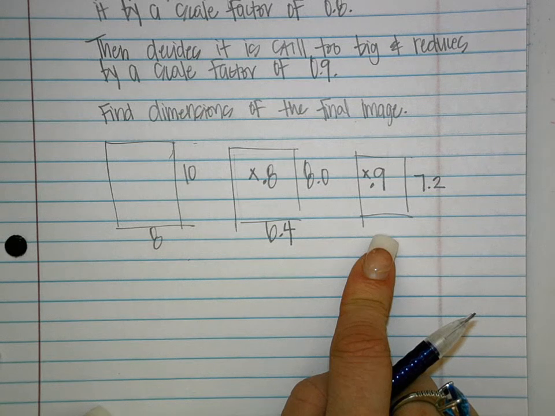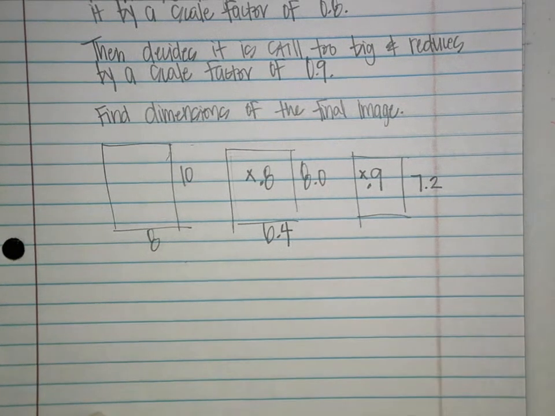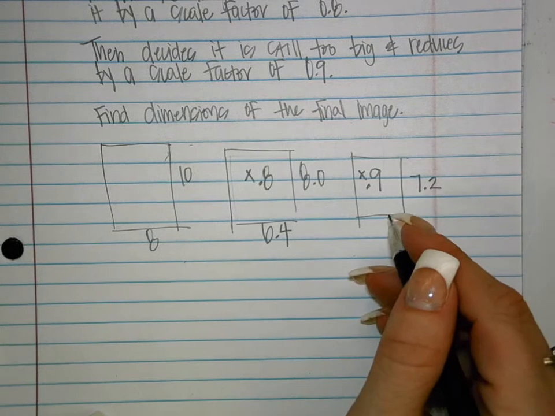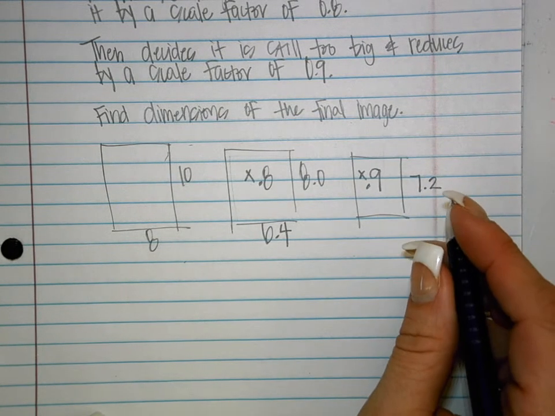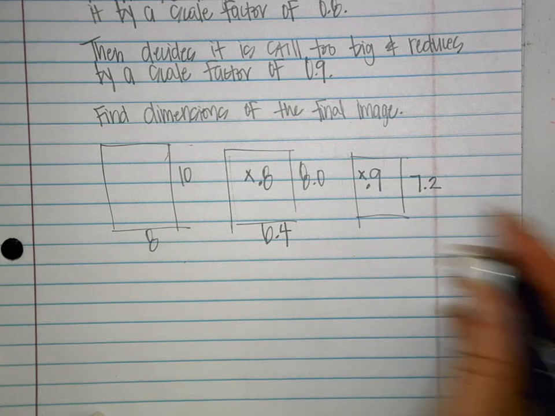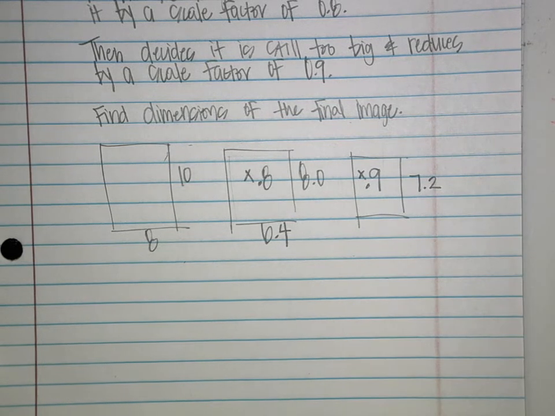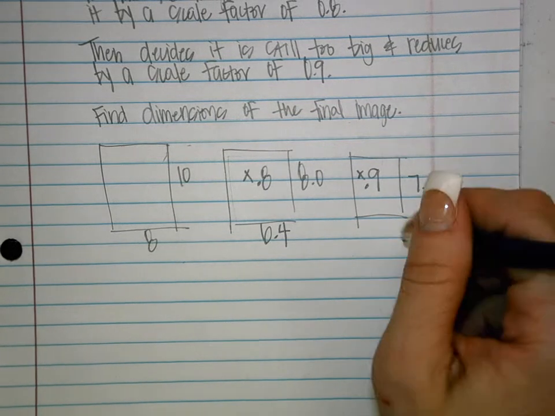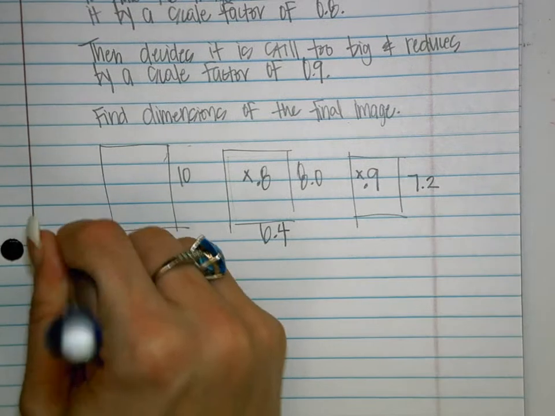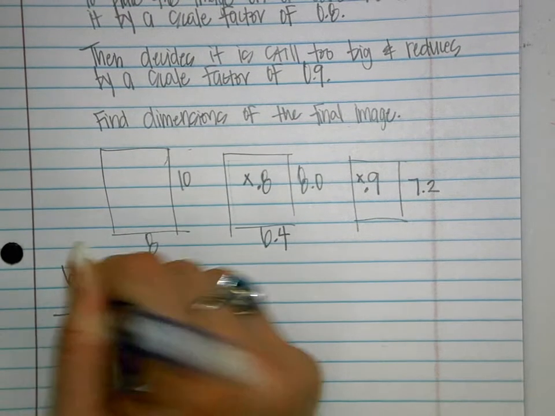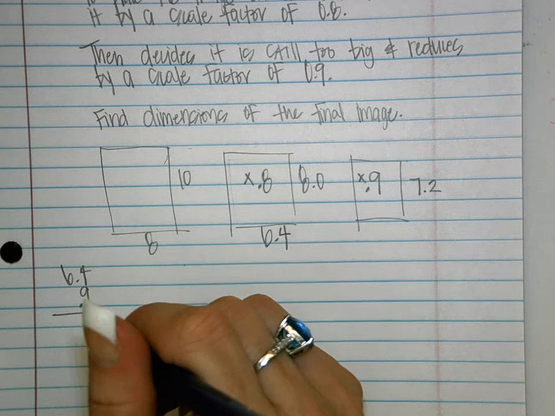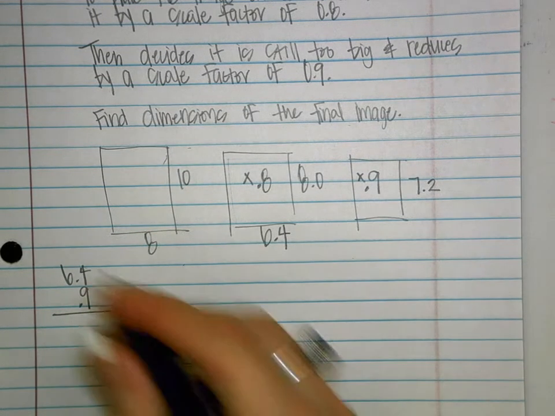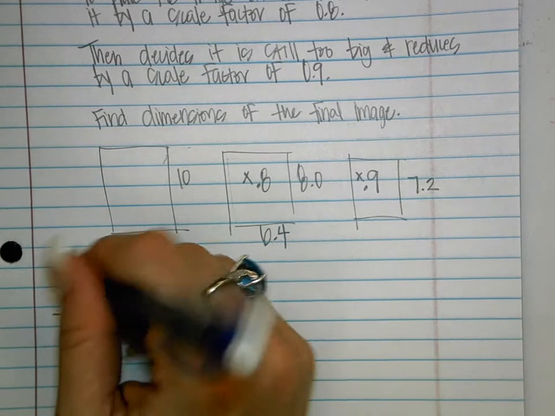Do I need to randomly call on someone? 6.4 times 0.9. Mark. Okay, keep doing it. 5 point what? You guys are having some issues with this multiplication. 6.4 times 0.9. Okay, Rihanna, go ahead. Okay, multiply through and, I'm sorry, what did we get?